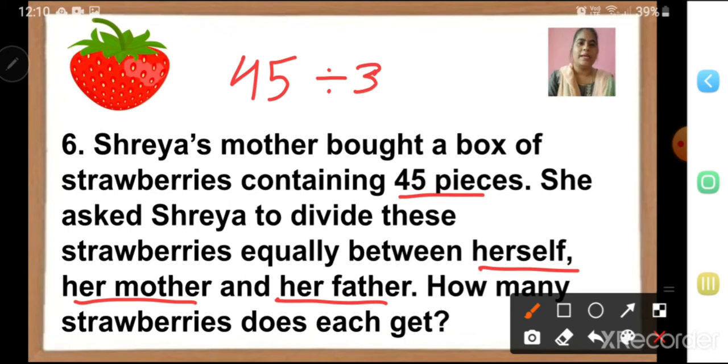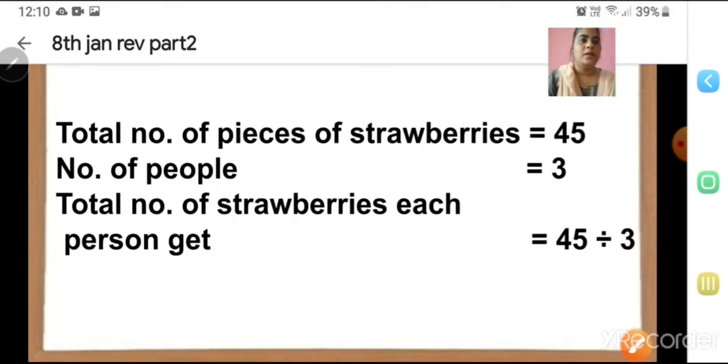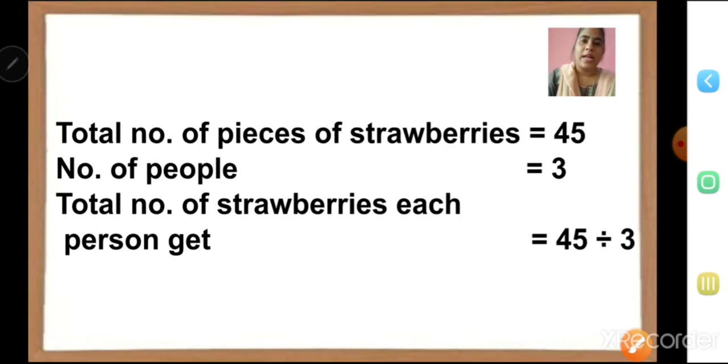Okay, 45 divided by 3. Now let us look at the statements. Total number of pieces of strawberries is equal to 45. Number of people is equal to 3. And total number of strawberries each person gets is equal to 45 divided by 3.